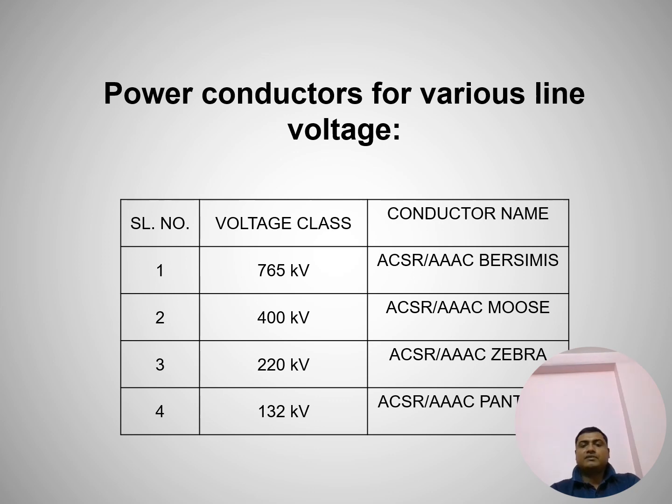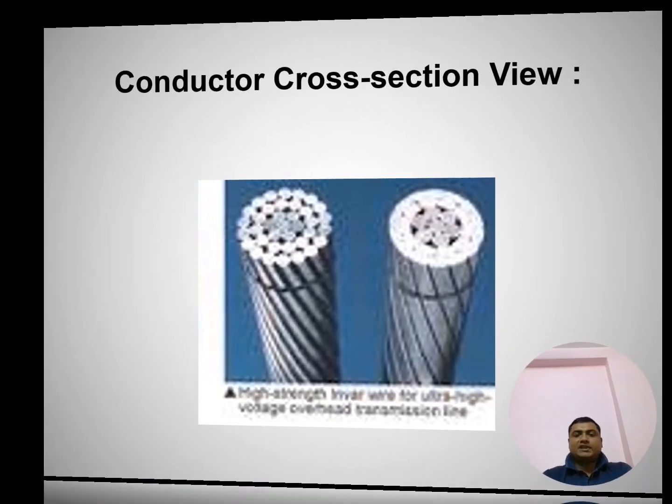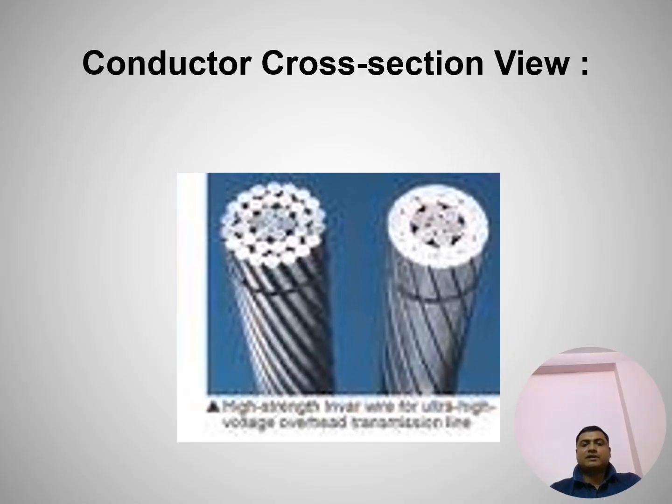For 220 kV we have used Zebra, for 132 kV we have used Panther, and for 33 kV we have used Wolf. Basically all conductor names are animal names, standardized by the electricity board or electricity committee. This is the sectional view of a conductor.